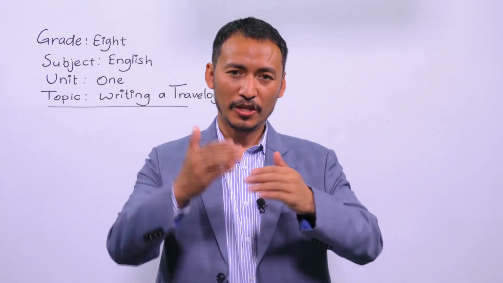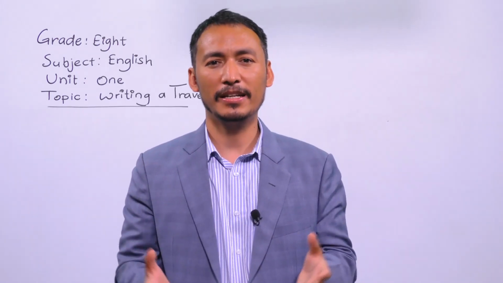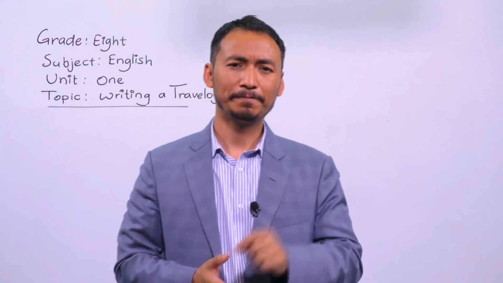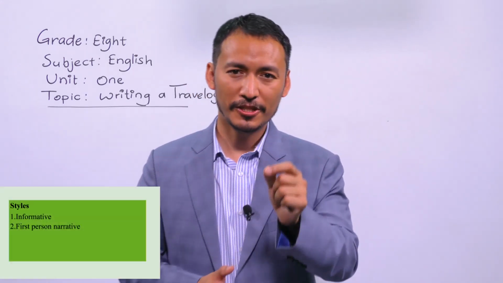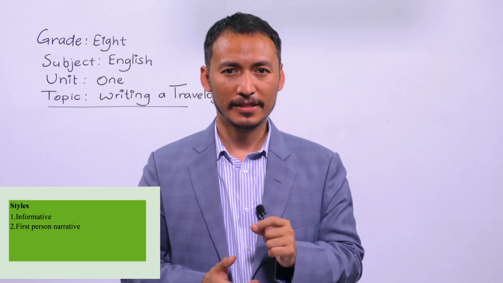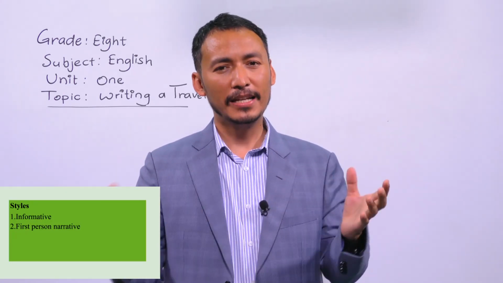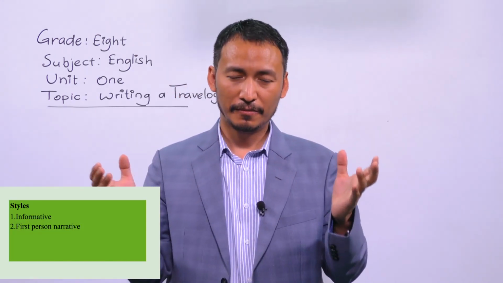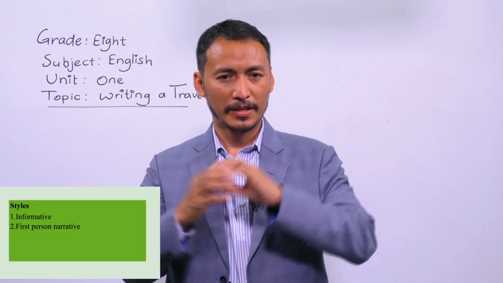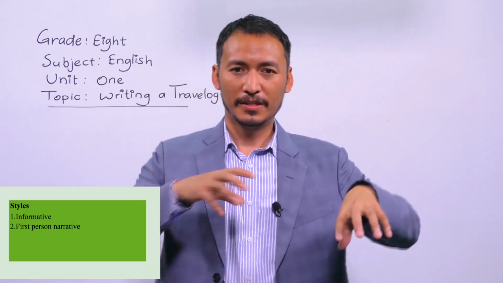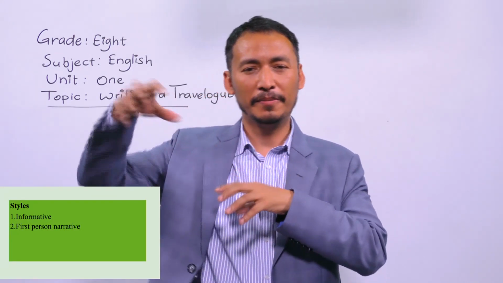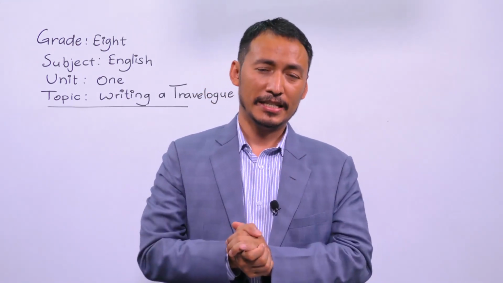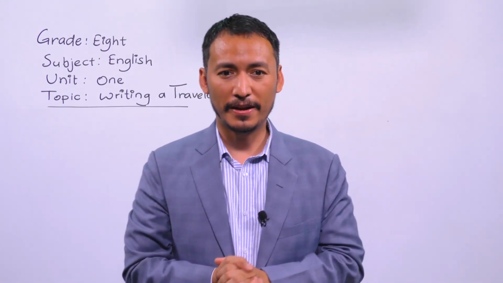The travelogue you studied in your first lesson is a first person narrative travelogue. There you read a travelogue from a person from a part of the country, and he visited Galegaon, and then he told it as a story. So this is a first person narrative.